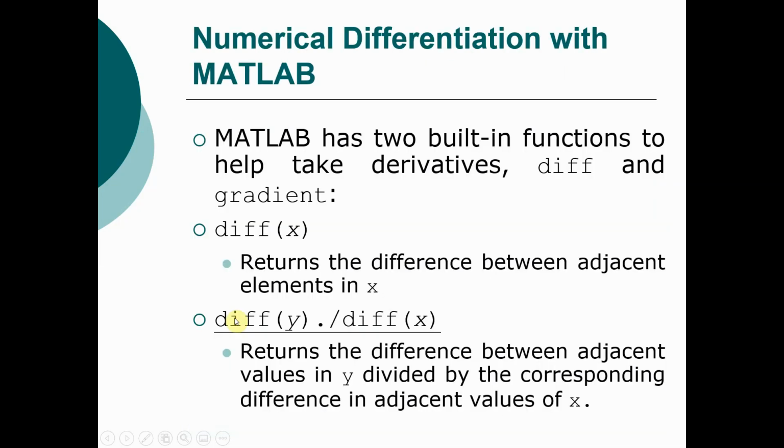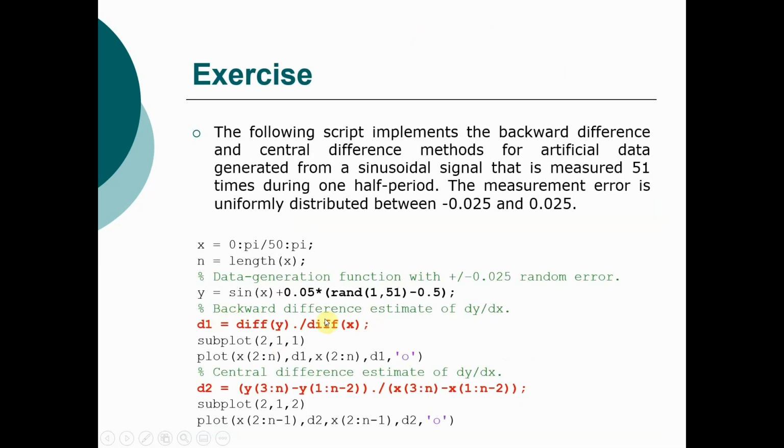So here, if we apply this formula, it would give us the backward difference for every point other than 0, because it can't apply backward difference on the first point. The next point after 0 would be pi over 50, so we would find the derivative at that point, then at 2 pi over 50, and so on.